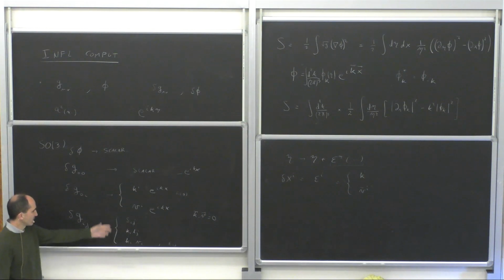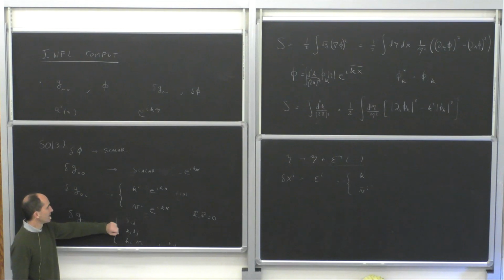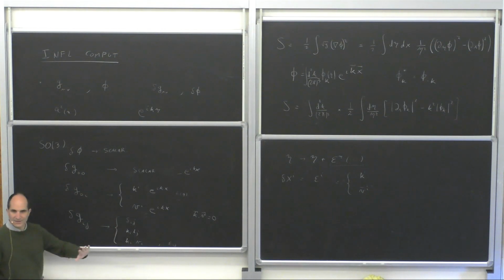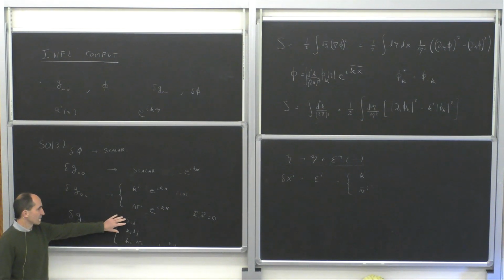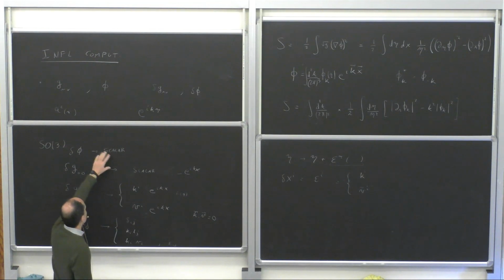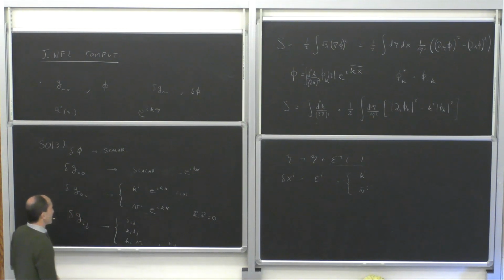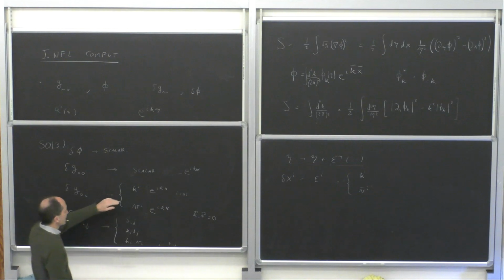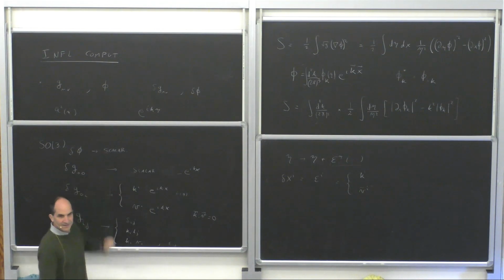For example, we could set these two fluctuations to 0. That would be a choice of gauge. But then we are still left with three other scalar degrees of freedom, this one and that one.